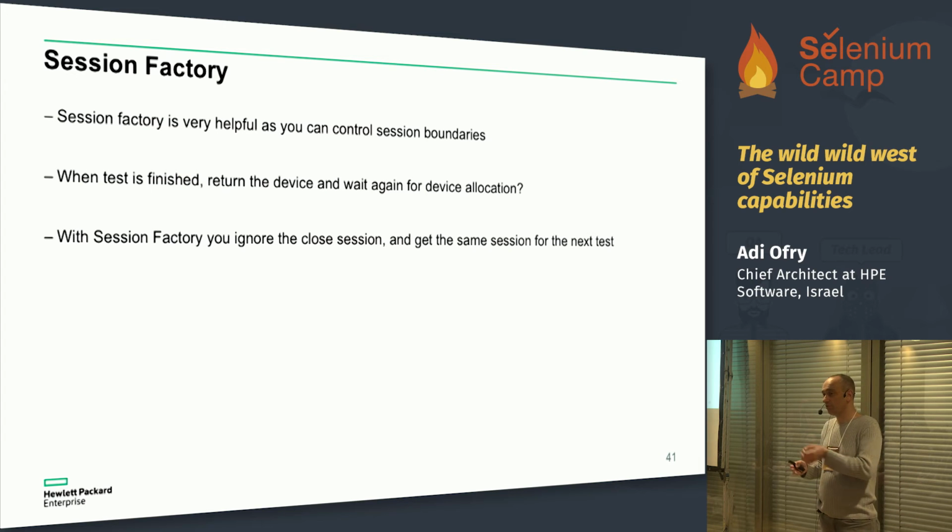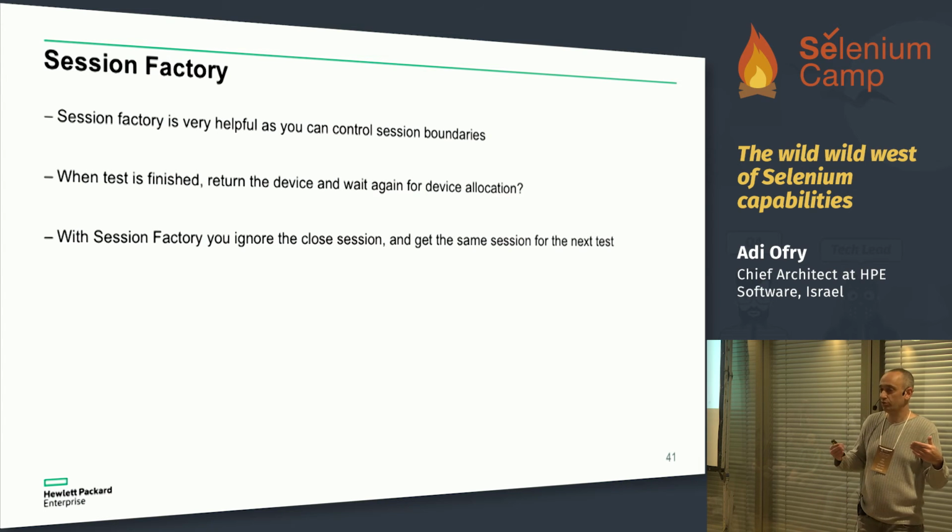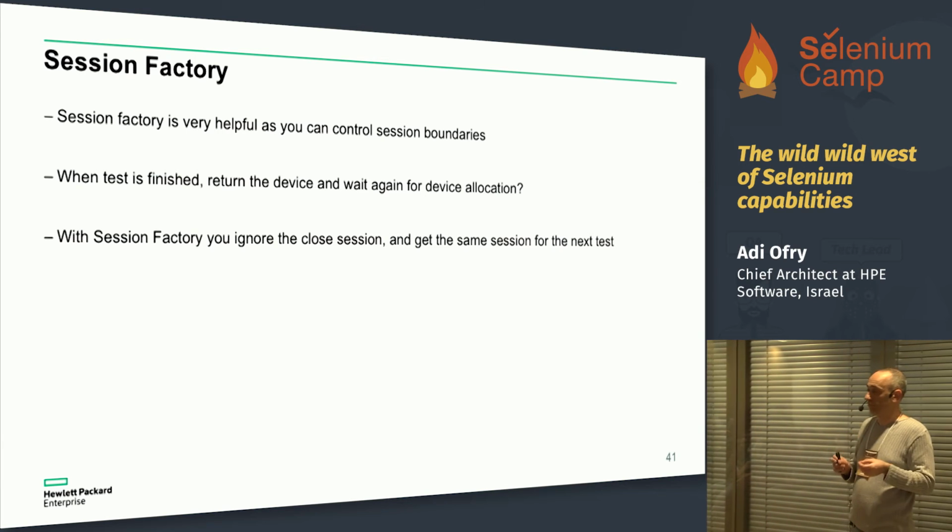Even for a browser, you can create a factory that when you ask for a new browser, in the second test, just closes up the relevant tabs, reroutes to Google or something like that, and continues fresh if you want.